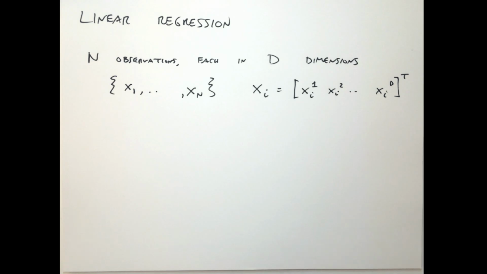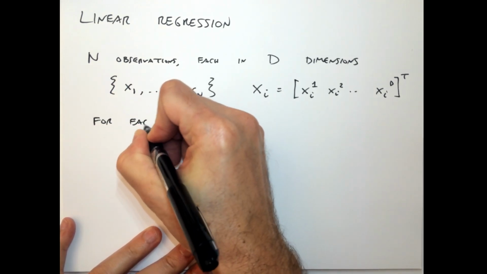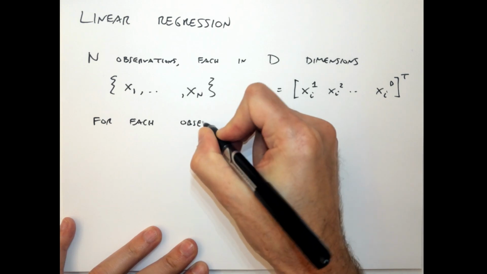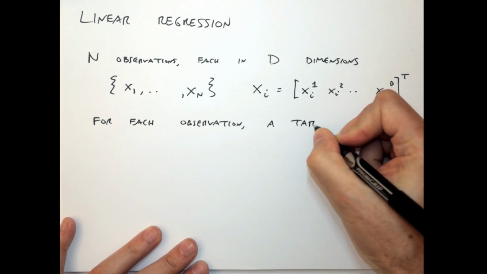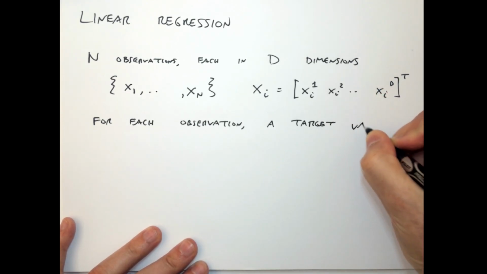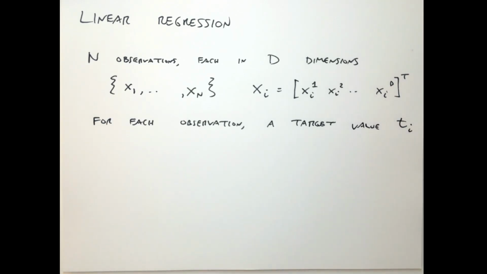And then for each of these observations, we have a target variable that we're trying to predict. So for each observation, we also have a target variable, or a target value. Let's call it t sub i, okay? And this target is a continuous real-valued number, okay?